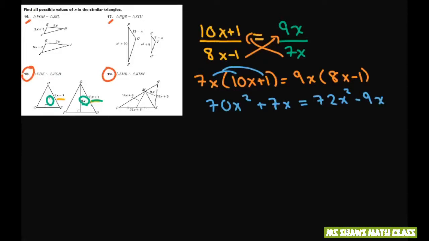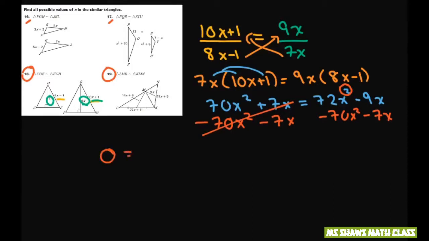Since it's squared here, it's quadratic in form, I'm going to subtract both of these terms from both sides of the equation and set this to 0. So that's all going to zero out. So you have 0 equals 2x squared minus 16x.